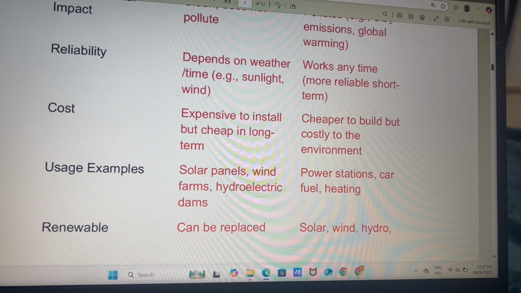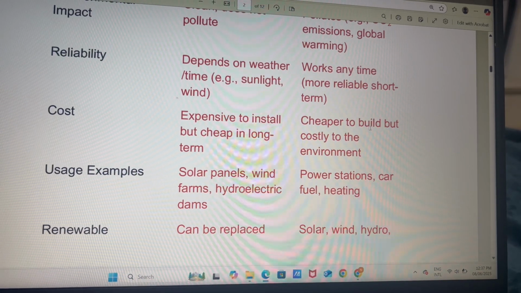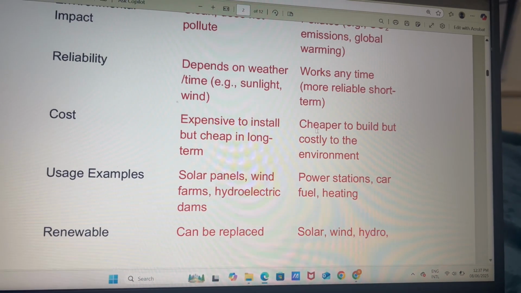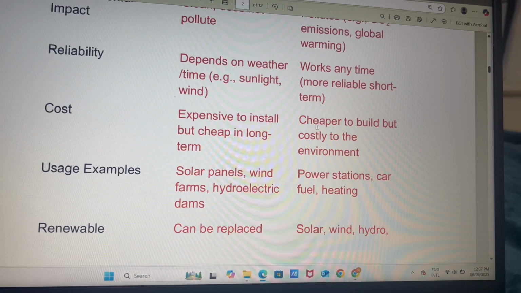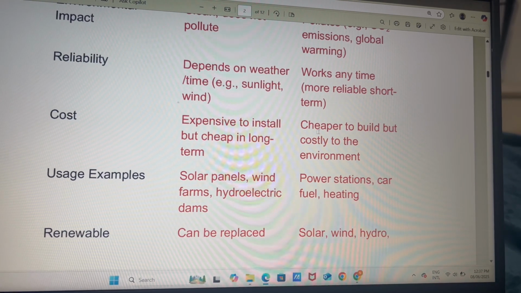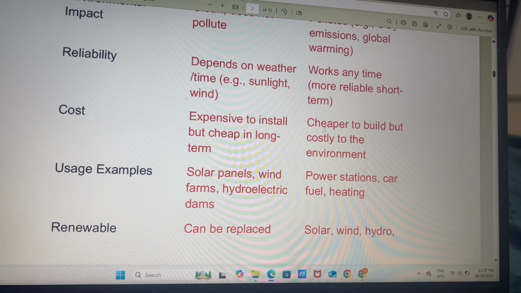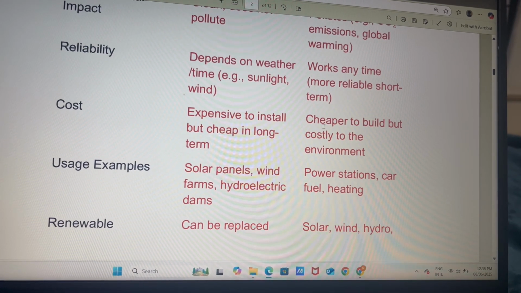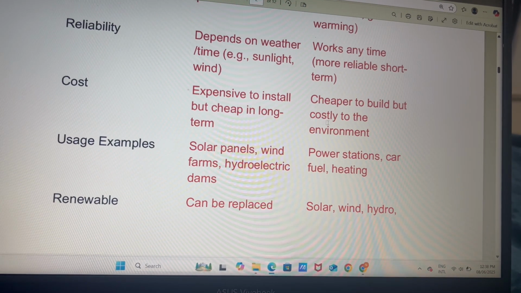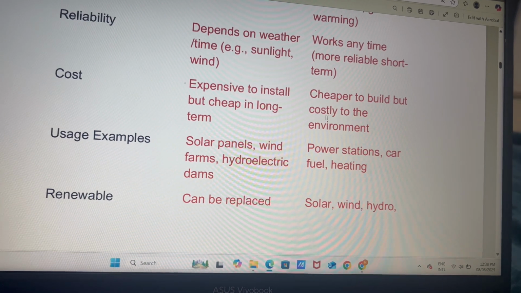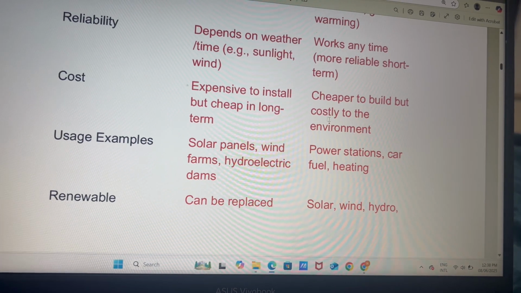But for the non-renewable ones, they are cheaper to build, to have from the beginning. They're so cheap, but they will cost you later. You'll still have to pay every month for them, literally every day for some things, and they are costly to the environment, meaning they will ruin the environment, and guess who has to fix it? You.